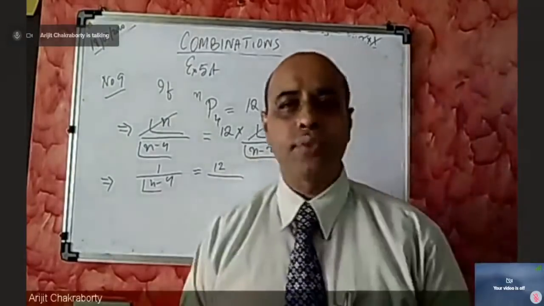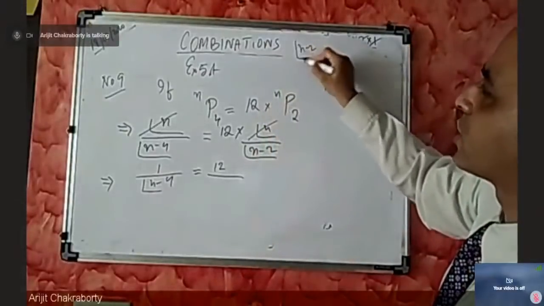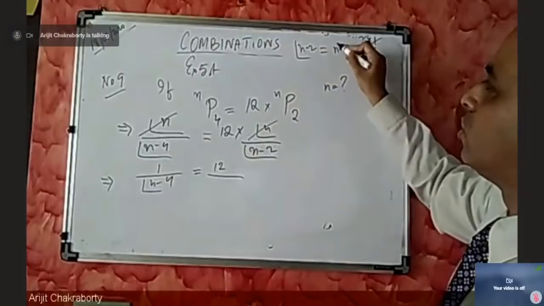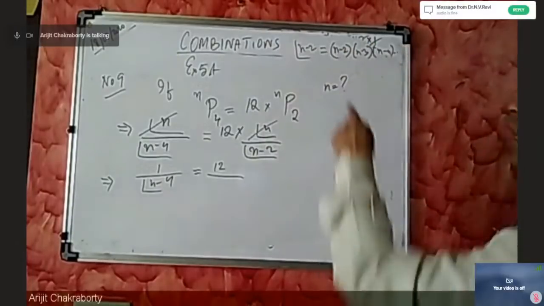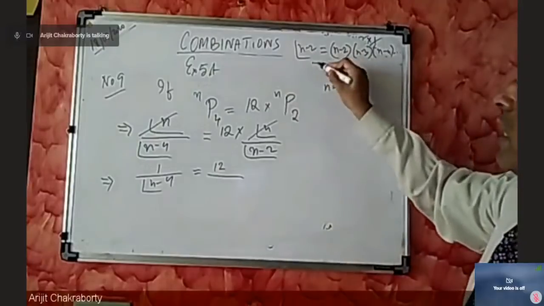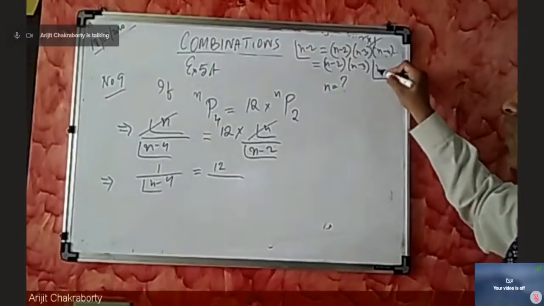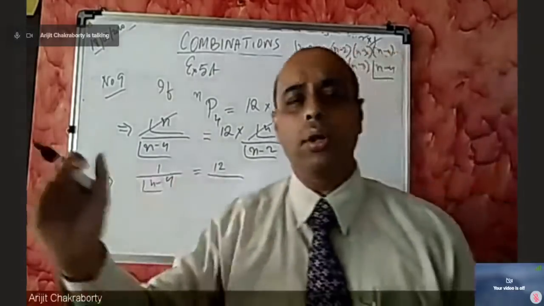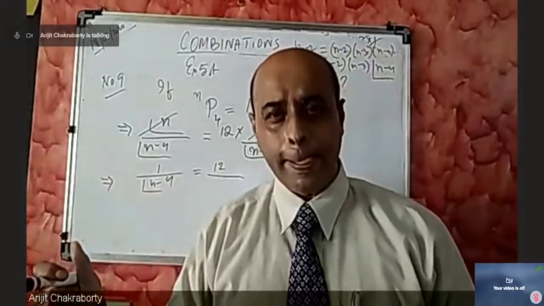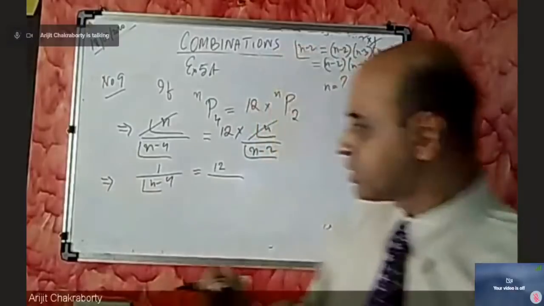Now (n minus 2) factorial means (n minus 2) into (n minus 3) into (n minus 4) and so on. So I can write this as (n minus 2) into (n minus 3) into (n minus 4) factorial, because (n minus 4) factorial goes on till 3, 2, 1. I hope we did this last day also, and I hope you are able to understand this step.